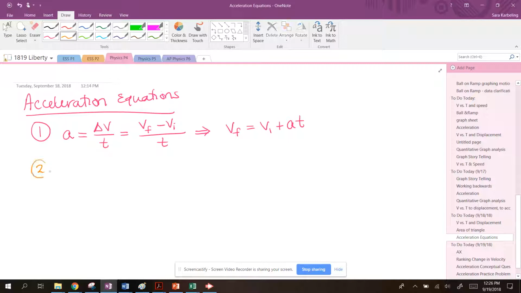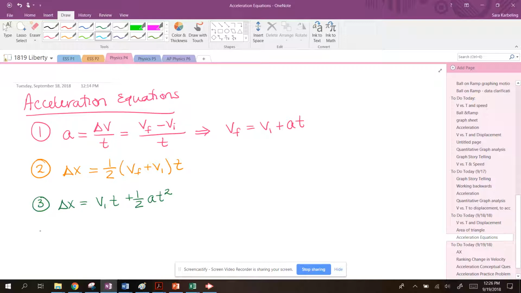So equation number 2 that you're going to write down. Here it comes. Delta x is equal to 1/2 (VF plus VI) times T. Equation 3, this is my favorite one, is delta x equals VI T plus 1/2 AT squared.